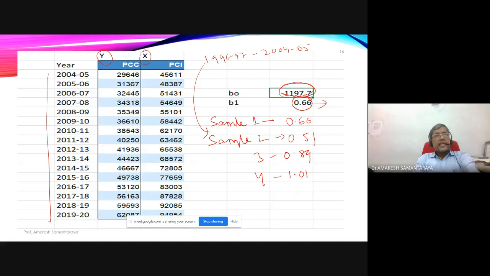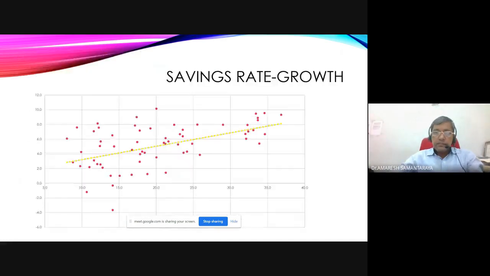But as we cannot get information for all the units which are part of the population, never in reality can we know the actual value of beta 1. Are you understanding? Because I cannot get data on PCC and PCI for everybody, I can never estimate the model.